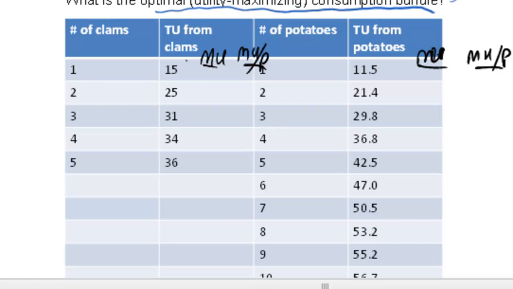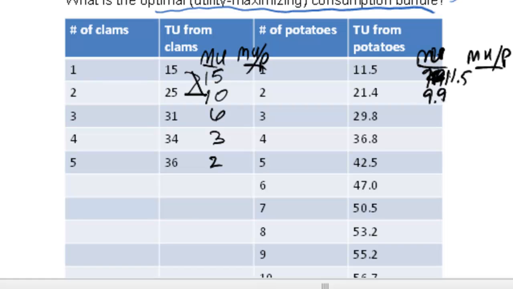So we know how to find the marginal utilities. We've got total utilities here. We know the first clam gives us 15 utils. And we just look for the change from one to the next. Next clam gives us 10 utils, 6, 3, and 2. Do the same for potatoes. First potato gives us 11.5.